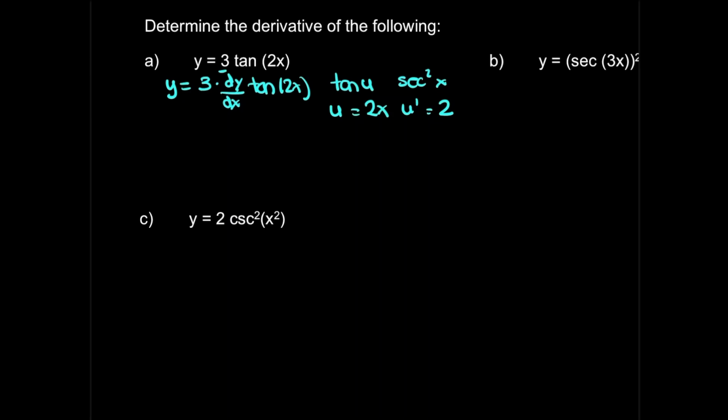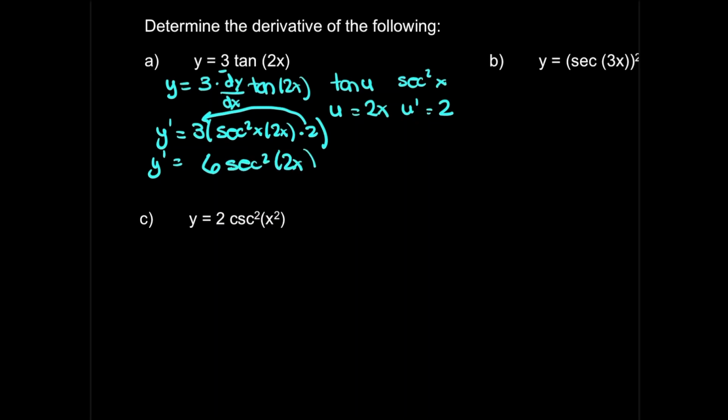So using our chain rule and putting this all back together, we have the 3 in front times the derivative: secant squared 2x times 2. Now we can take this 2 and multiply it to the 3. So we end up with a derivative of 6 secant squared 2x. That's as far as we can go with that one.